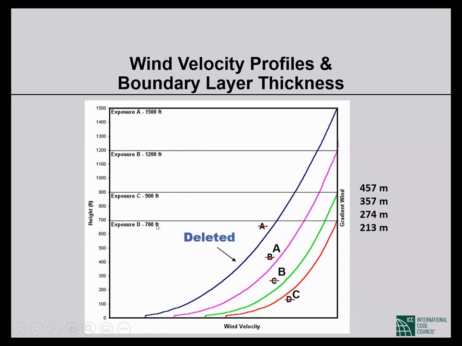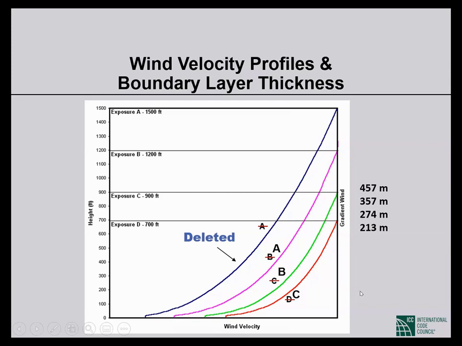It is also called gradient height. So for exposure C, I forgot to change this. The thickness of the boundary layer is 700 feet, which is 213 meters. For exposure B, it is 900 feet, which is 274 meters. And for exposure A, it is 1200 feet, which is 357 meters.